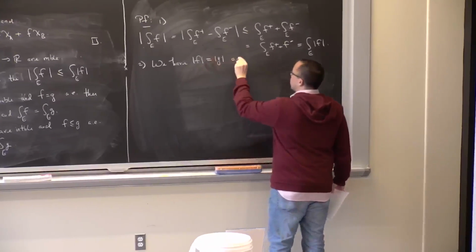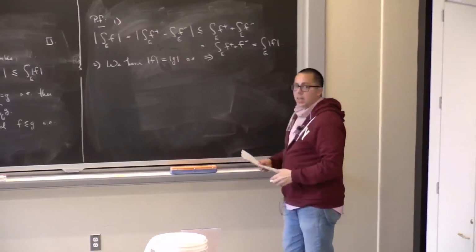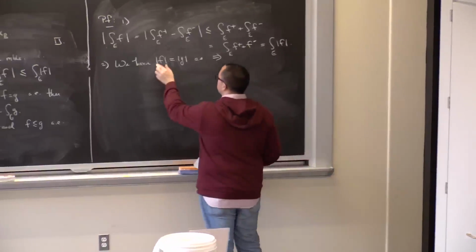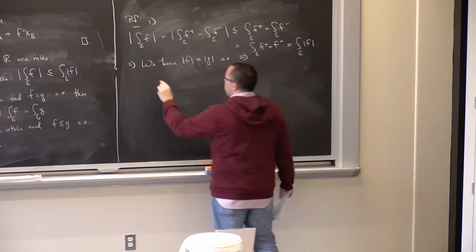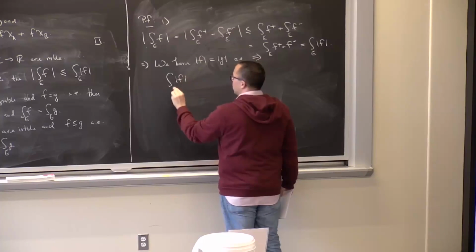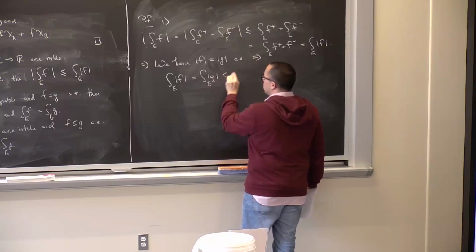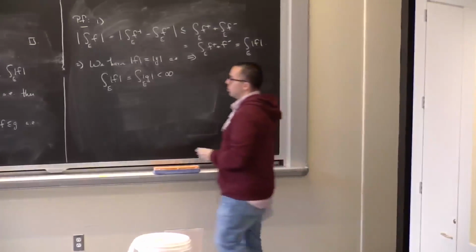Which implies what we know from the integral of non-negative measurable functions, that if I have two non-negative measurable functions which equal each other almost everywhere, then their integrals agree. And that's finite. Okay? Thus, f is integrable.